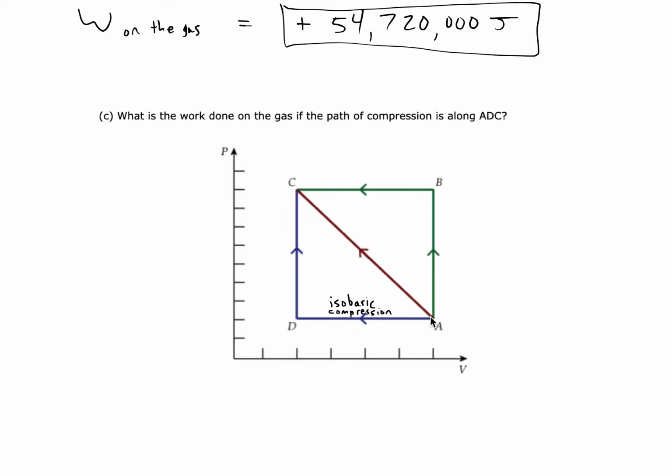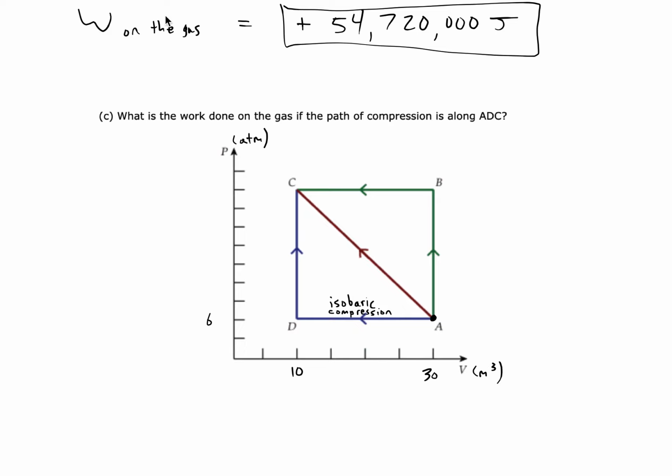There, our gas is taken from 30 meters cubed down to 10. And when it comes to our pressure, it's not going to change. It's just going to stay 6. It's going to stay 6 atmospheres throughout.